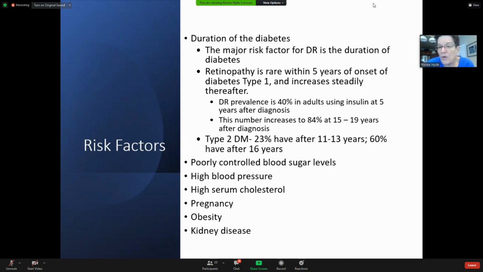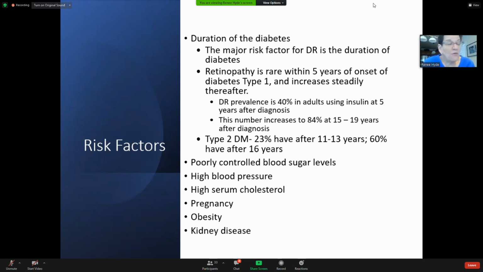Now, what about pregnancy? Why would pregnancy increase the risk for diabetic retinopathy? Because they have more blood flow or more blood volume, so their blood pressure is already increased. That is correct. And if you think about it, to handle that increased volume, the body grows extra blood vessels anyway, okay?